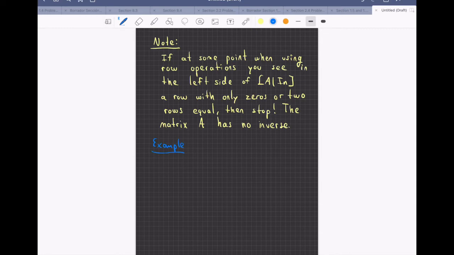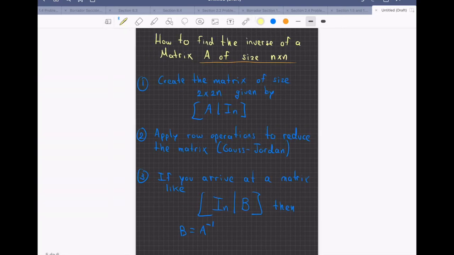First, a simple example. Find the inverse of the matrix 1, -1, -1, and -1. All right. So we start with a square matrix of size 2 by 2. Size n by n, in this case n is equal to 2.